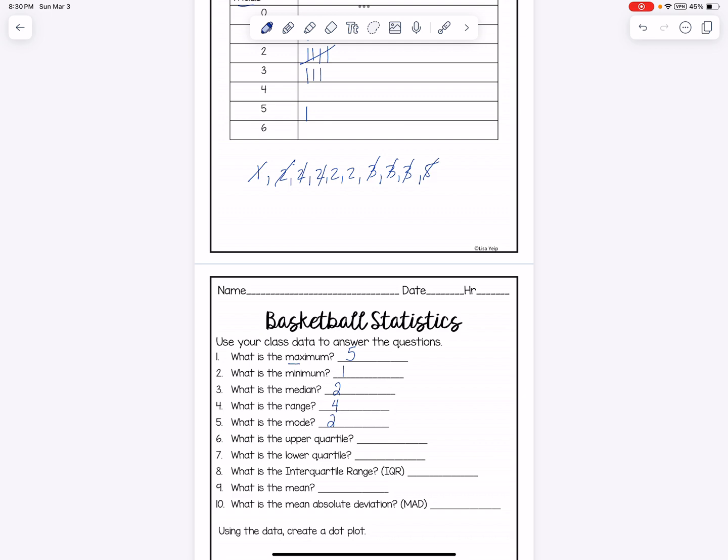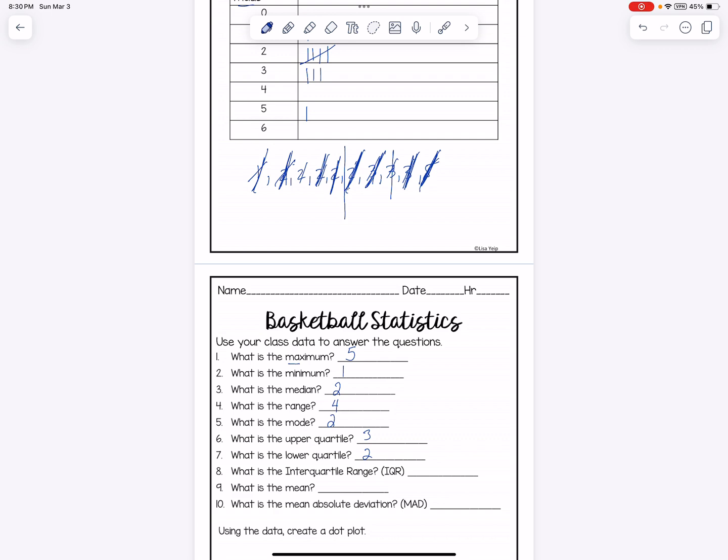All right, upper quartile. Remember we need to find the median. So my median is here. Then I go ahead and look at my upper quartile. So we cross off, cross off, cross off, cross off, and I end up with a 3 for my upper quartile. And we have cross off, cross off, cross off, cross off, I end up with a 2 for my lower quartile.